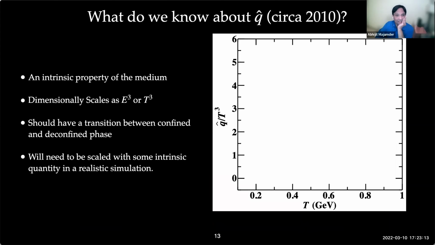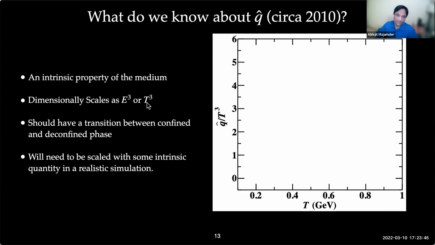Let's focus on q-hat for a second, because after a lot of work, we can say now with a good deal of certainty that q-hat is probably the most dominant transport coefficient that controls most of, or a large part of, the quenching that we see. People often started out thinking about it as an intrinsic property of the medium, and it scales as temperature cubed.